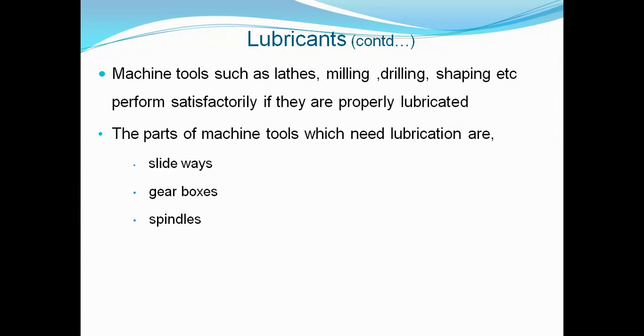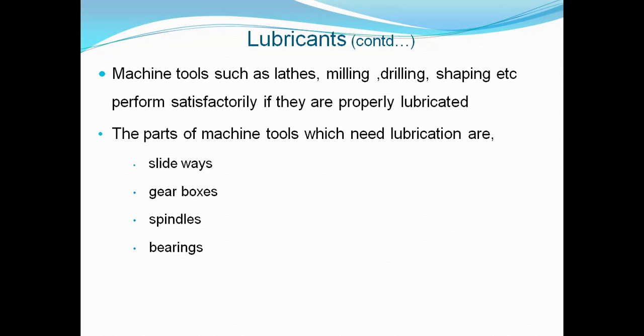And the spindle is a rotating element. It is rotated on the shaft, so due to this, friction may develop. So we are applying lubricants. And bearings: generally, we are using bearings for reducing the frictional effect.